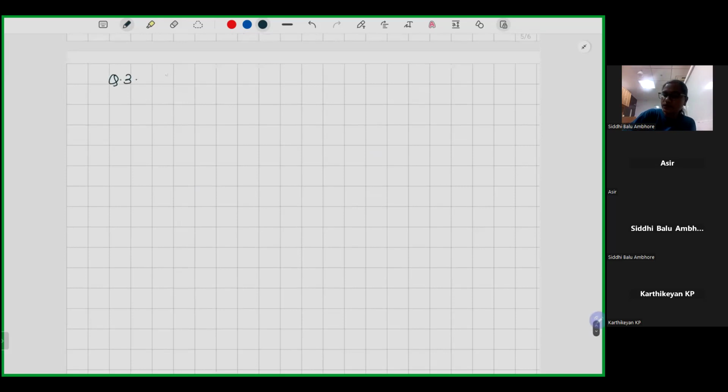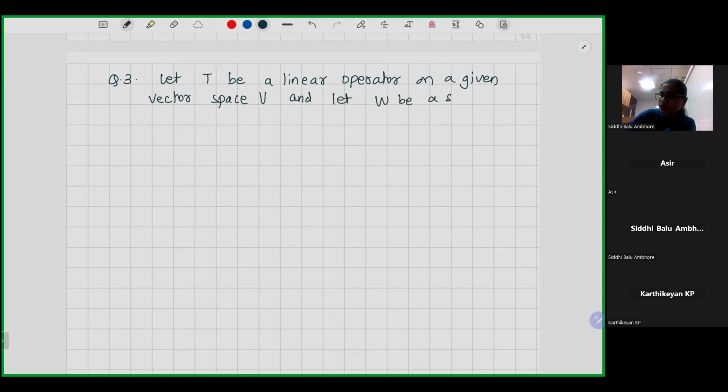So let me start with this question: let T be a linear operator on a given vector space V and let W be a subspace of V. Then check whether the following subspaces are W invariant or not.